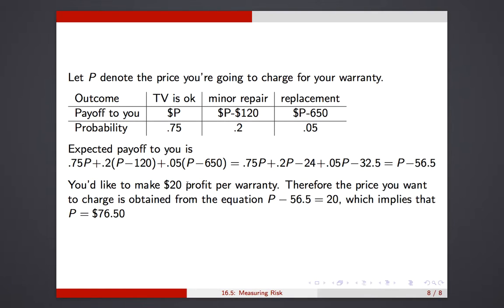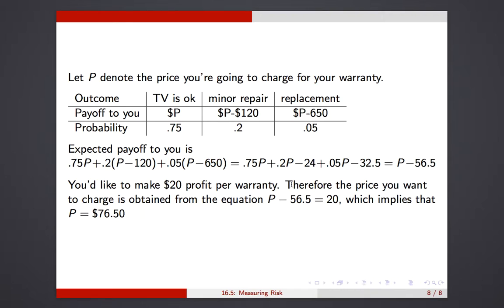What you'd like is to make a $20 profit per warranty. So all we need to do now is take our expected payoff and set it equal to 20, because $20 profit per warranty is what we want in the long run. So in the long run, this table will hold true. About 75% of the TVs will be okay, 20% need this minor repair, 5% need this replacement, that will hold true.